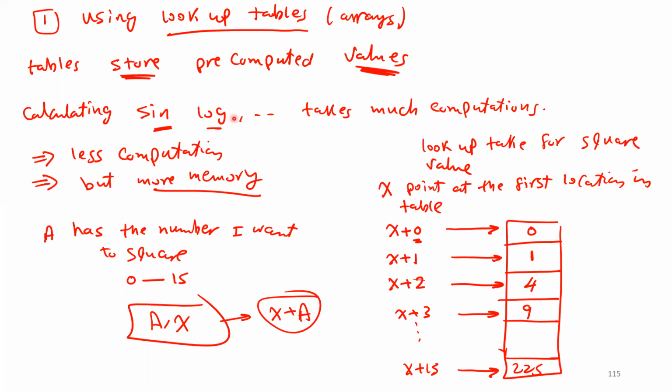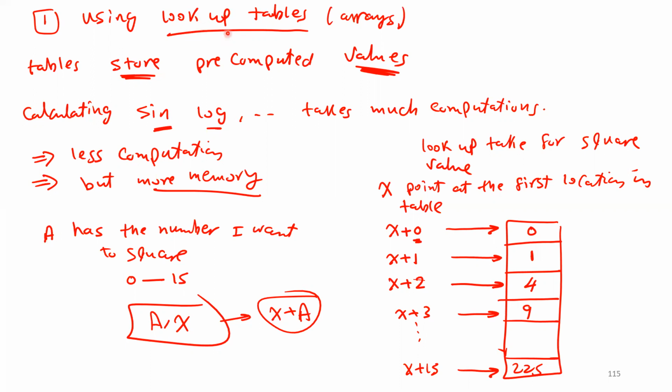Let me explain it again. I have certain functions like sine, cosine, whatever, and calculating this function may take some time for the processor. So what can we do? We can use something we call a lookup table.